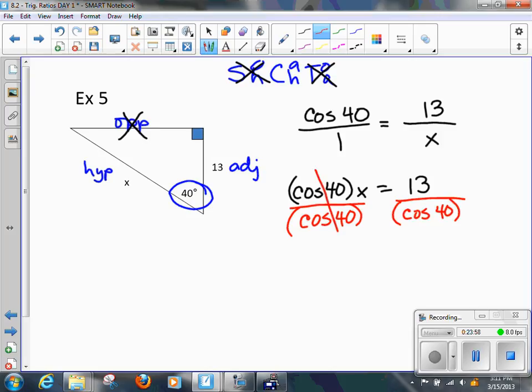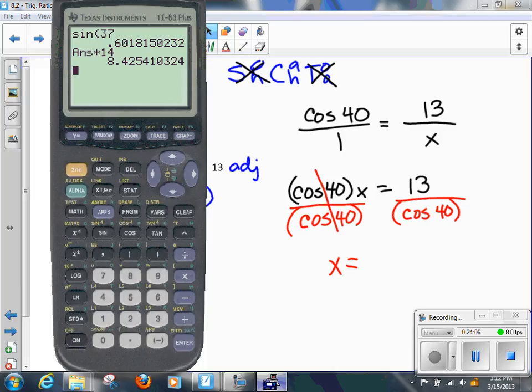My cosines cancel on the left side, do they not? That leaves me with x is equal to something. Get your calculator. Now, folks, you got to be a parentheses ninja. If you're not, it will not work out. 13 divided by parentheses, cosine 40, close the parentheses. I'm going to close it again because I'm closing the 40 and then I close the cosine of 40, okay?